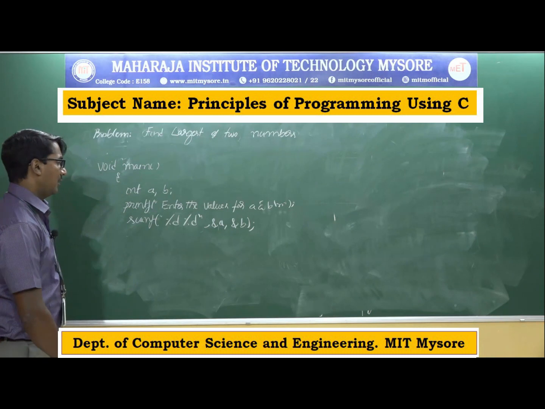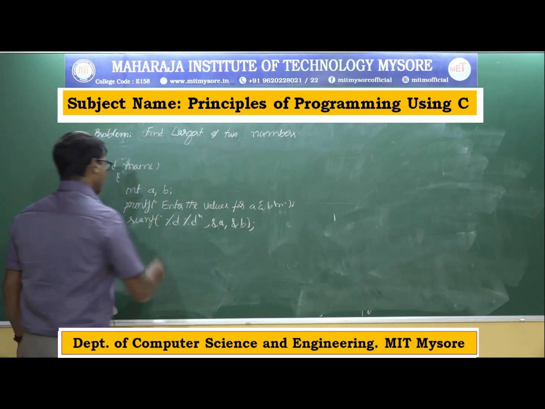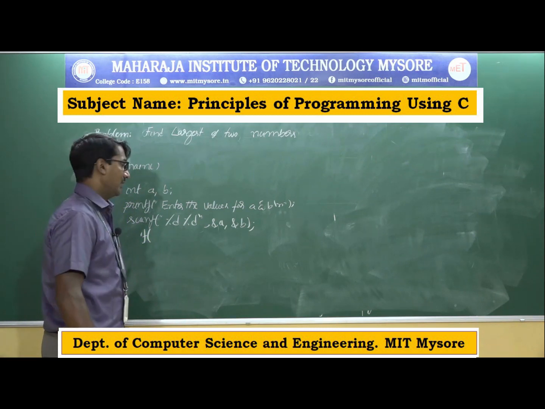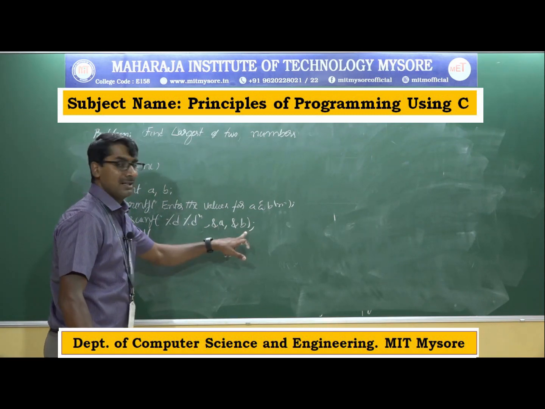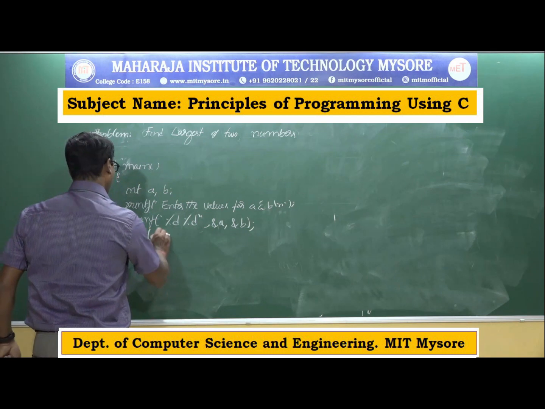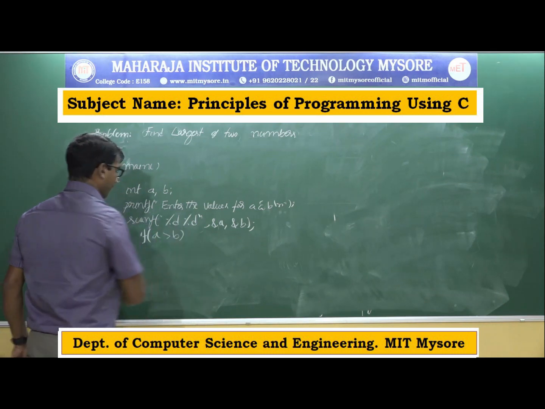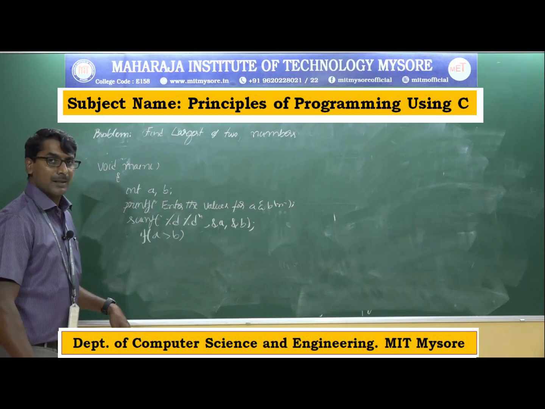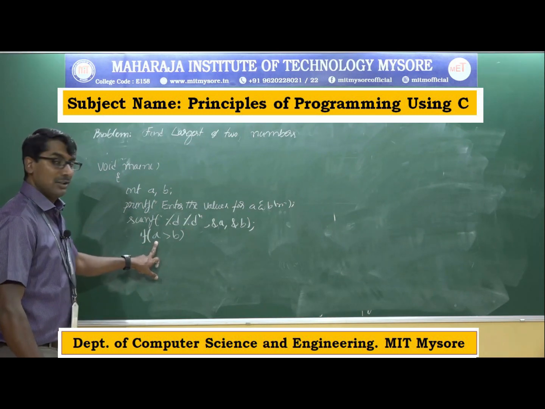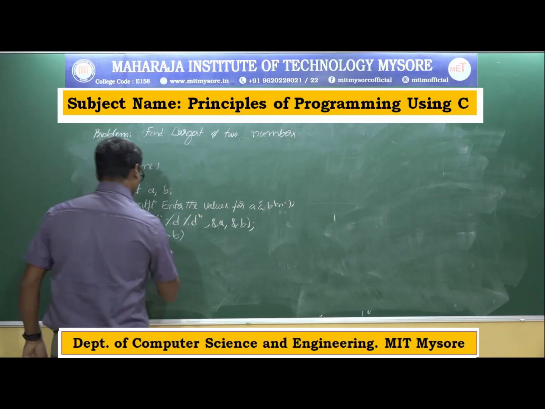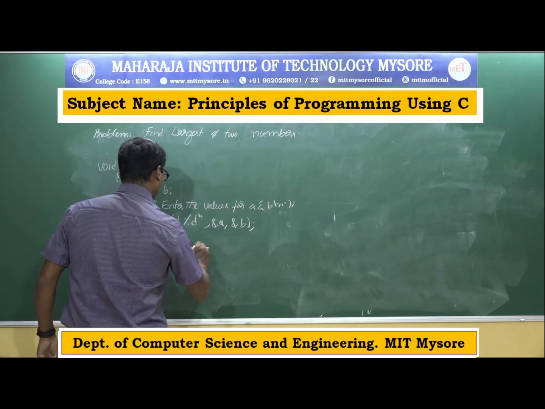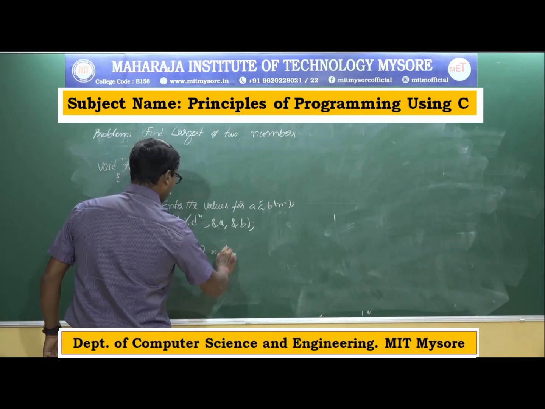Here we verify the value of A and B. We need to check the condition whether the value of A is greater than B. So the condition is A greater than B. If the condition is true, meaning the value of A is greater, then printf A is big.